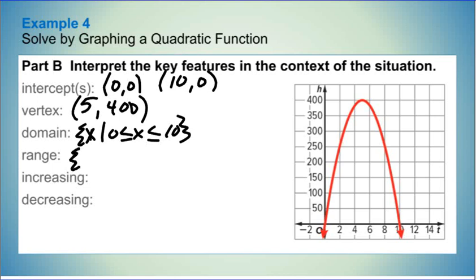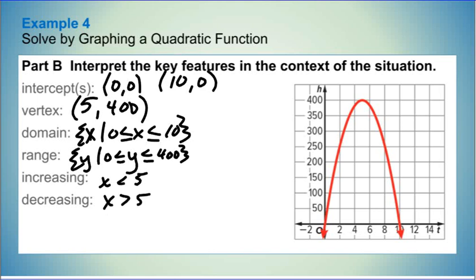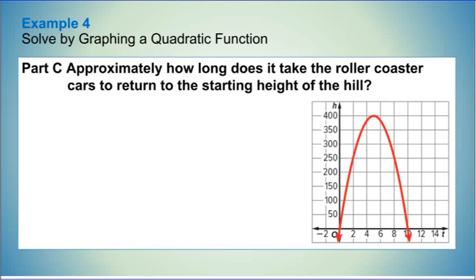The range, y such that y is greater than or equal to 0, but less than or equal to 400. It's increasing when x is less than 5. It's decreasing when x is greater than 5. And our last point, approximately how long does it take the roller coaster cars to return to the starting height of the hill? It would be roughly 10 seconds.